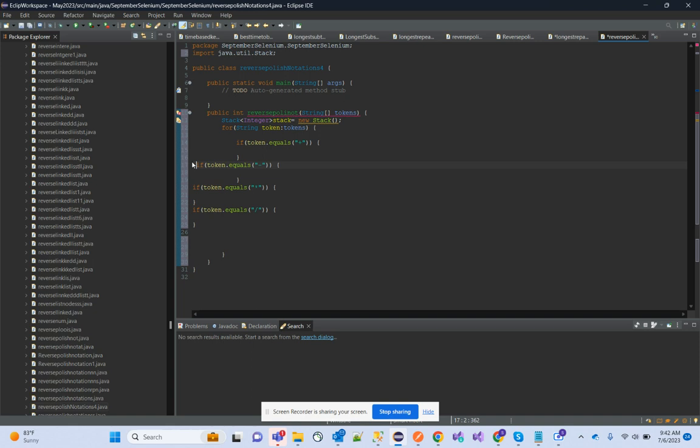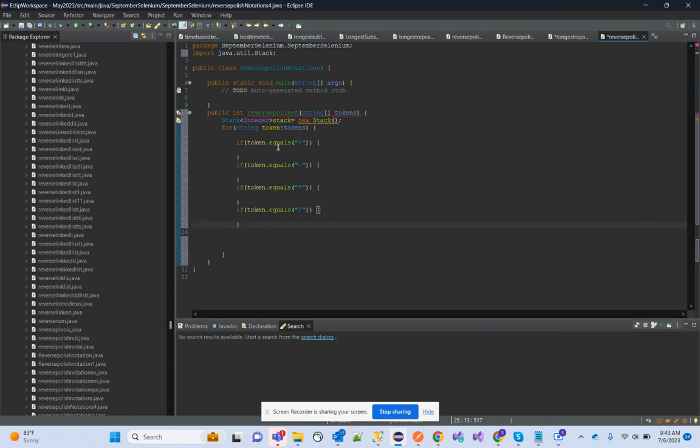Just making it proper for you guys to understand. So these are our four expressions which we need to solve, right?